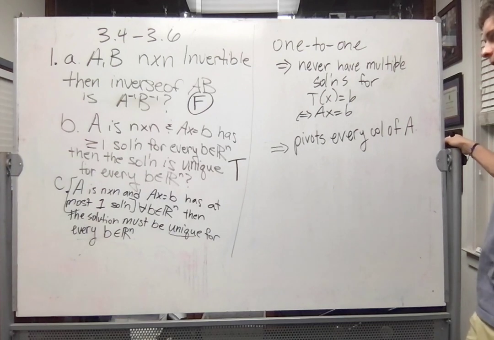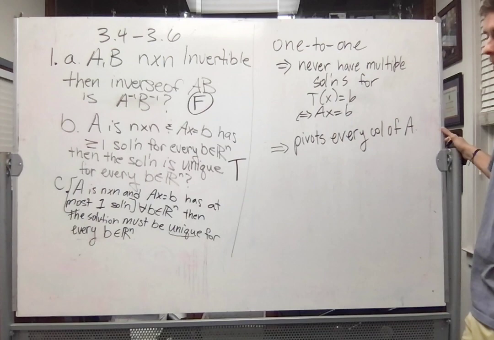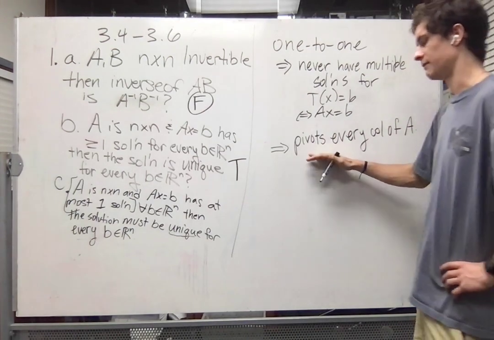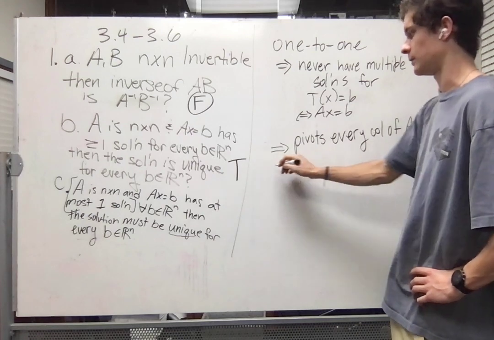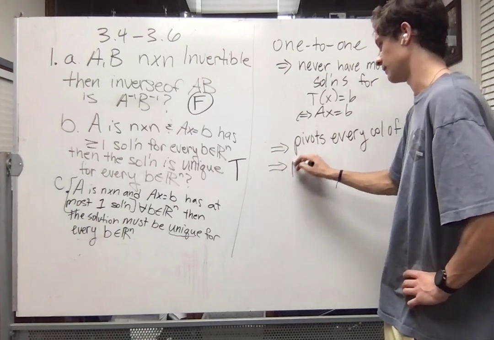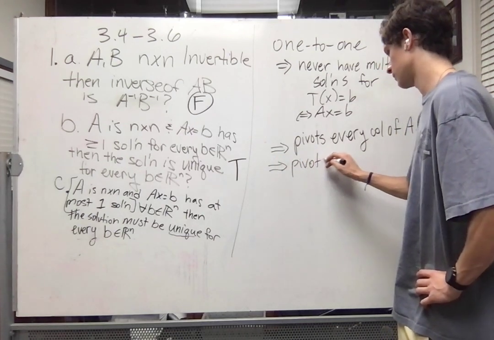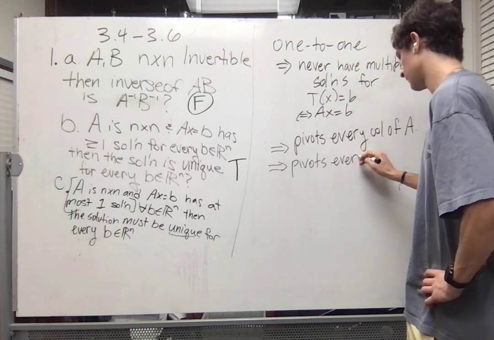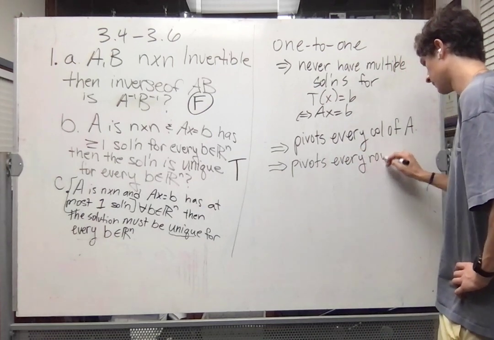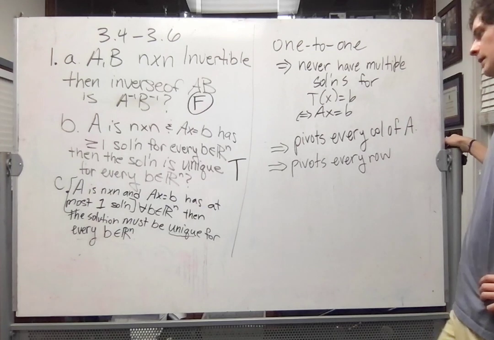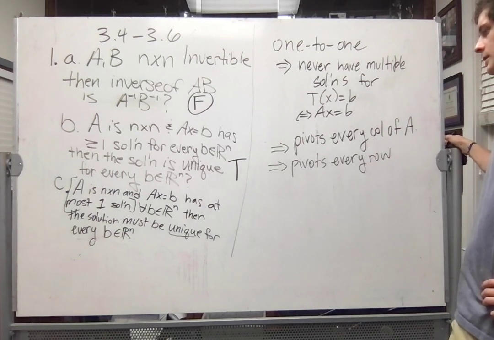So A is n by n, AX equals B has at most one solution for every B. So we have to have pivots in every column of A, but once again, since A is square, that means we have to have pivots in every row. And now we can answer the question.